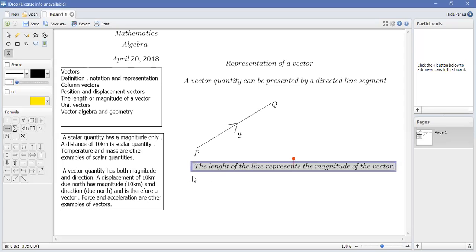Now my question to you: can we, just by looking at the length of the line, know the magnitude of the vector? Answer the question, please.